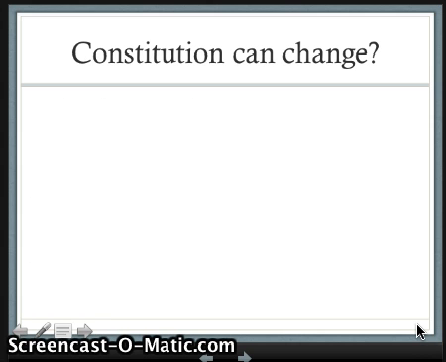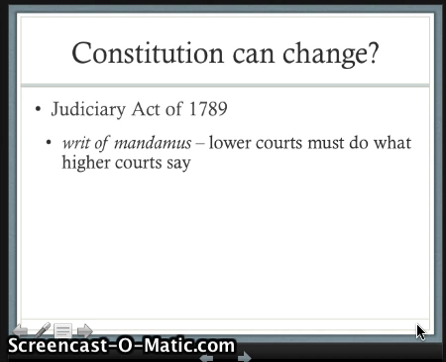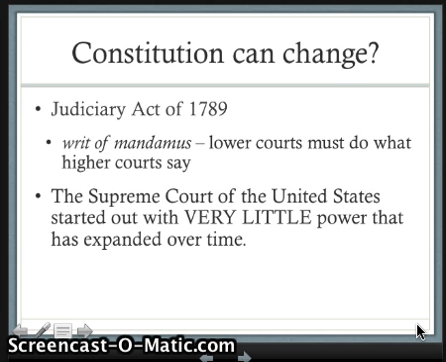All right. So the judicial branch, everything they do comes from the power of interpretation. And in the Judiciary Act of 1789, it was said that the lower courts must do what any higher court says. The Supreme Court started with very little power, and they've expanded it over time.